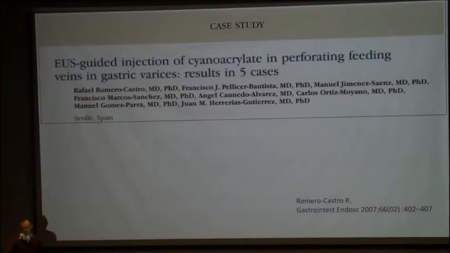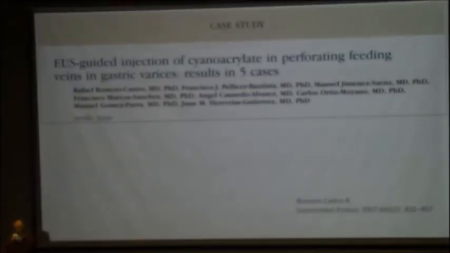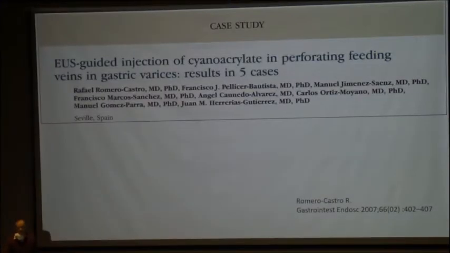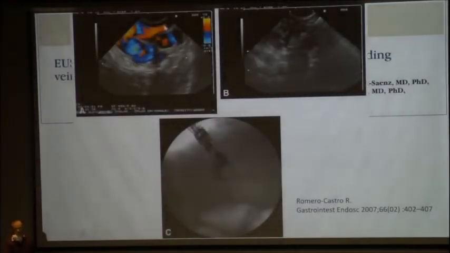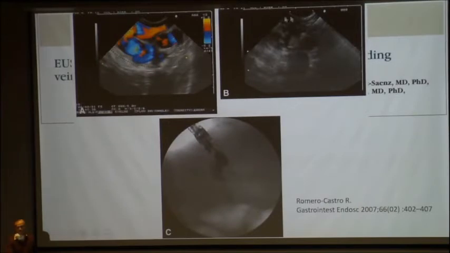This was the first case series, a pilot study of 5 patients, where EUS-guided glue injection was done into the perforator feeding vessels in patients with gastric varices. We can very easily see the gastric varices by EUS, target them with an FNA needle, and then inject glue into them.